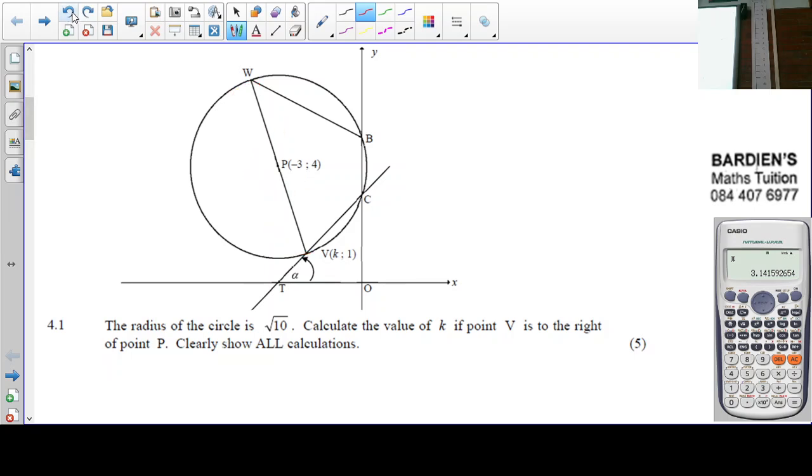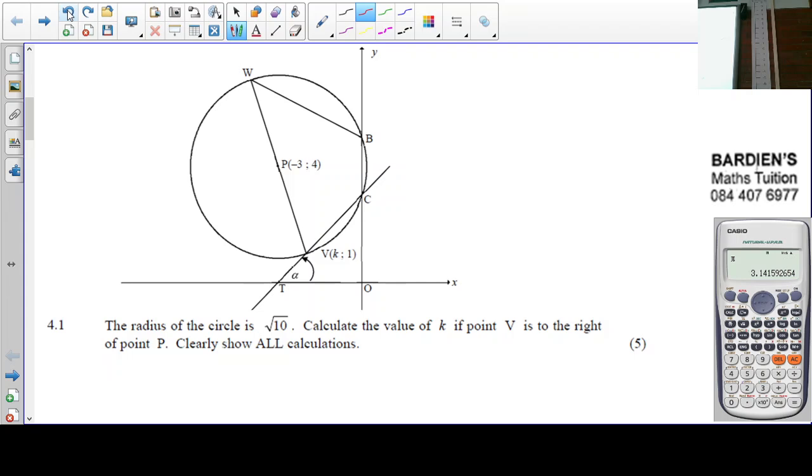Calculate the value of k if the point V is to the right of P. If V is to the right of P, that means the k value must be greater than negative 3.